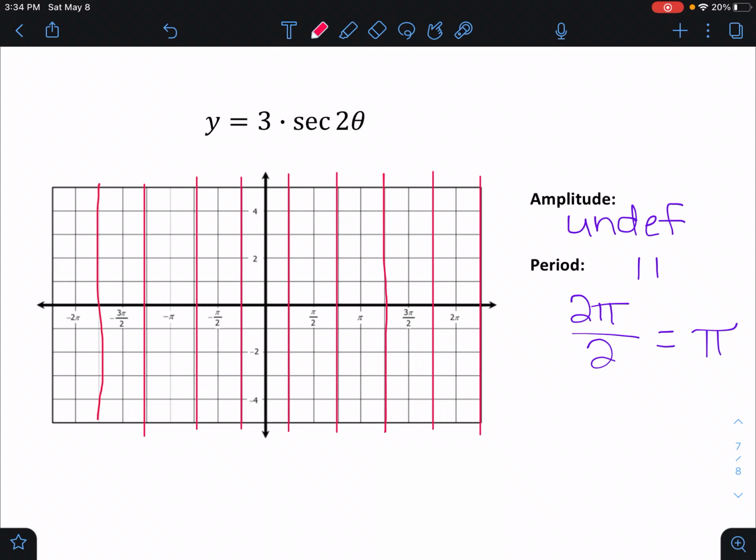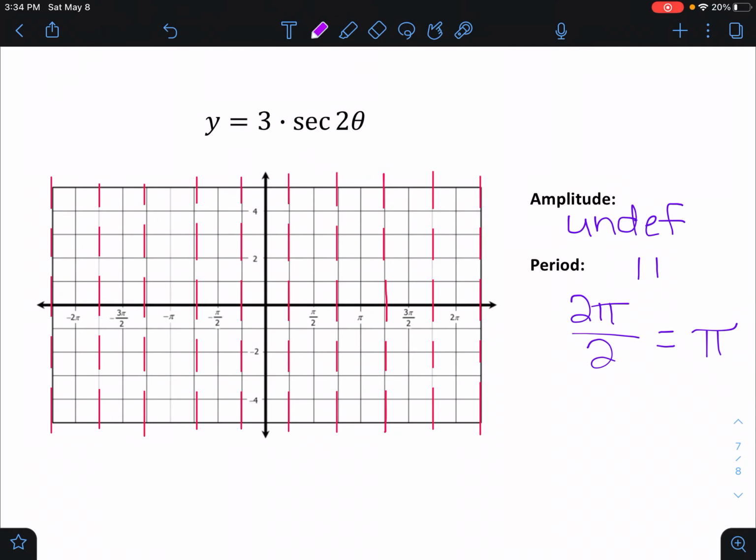Maybe do a little better than I am here, but okay. Now this, I'm going to have a whole ton, right? I'm going to have a bunch of little teeny secant graphs plopped in here. So hopefully this looks all right.